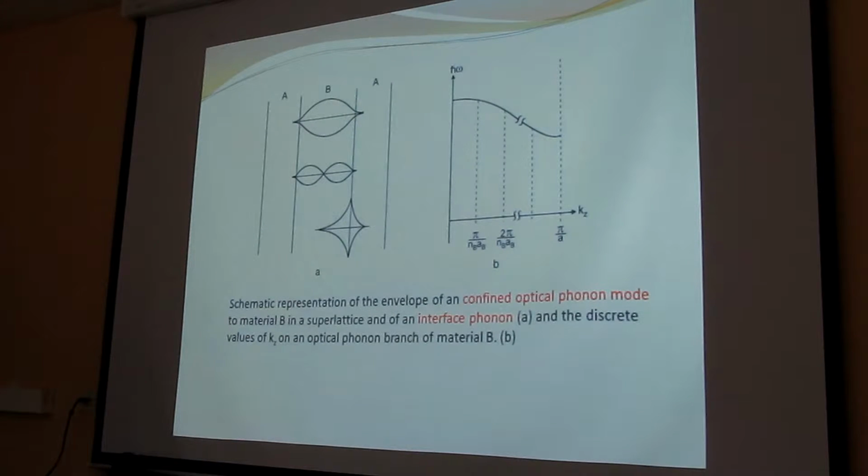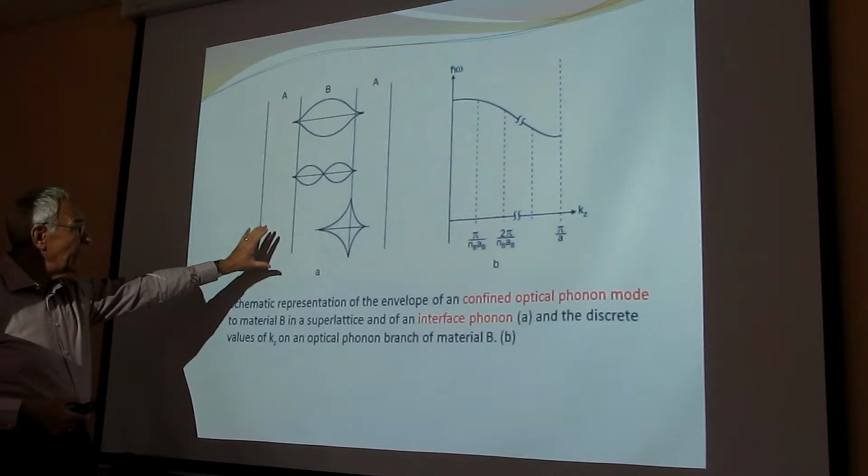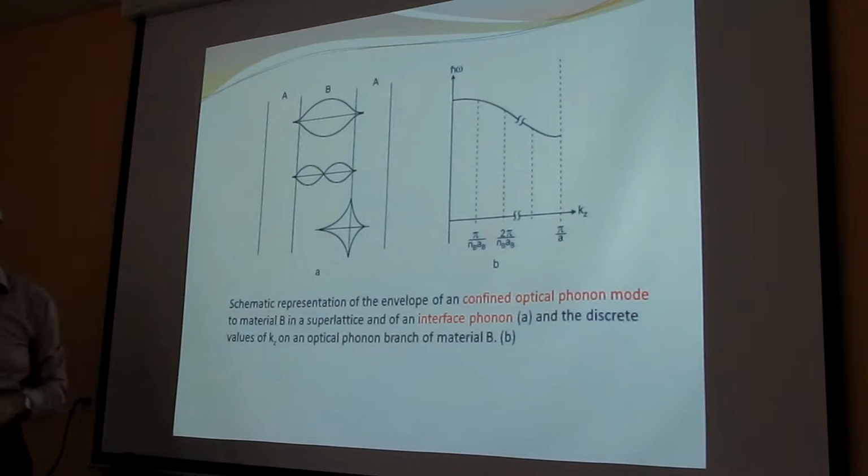And to the optic phonons something interesting is happening, provided that the optical phonon branches in material A and in material B do not overlap energetically. Then the following can happen. You can get phonons which are confined in material A maybe, and then you have a ground state and a first excited state and possibly a second excited state and so on.